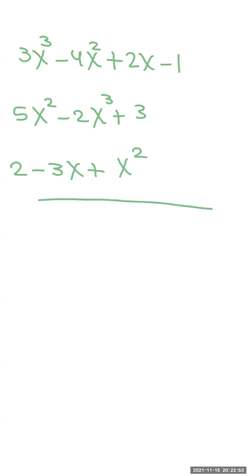As usual, look for any term that consists of x power 3. So we will add 3x to the power 3 minus 2x to the power 3. It will be x to the power 3. Correct? Then the next one, x to the power 2.